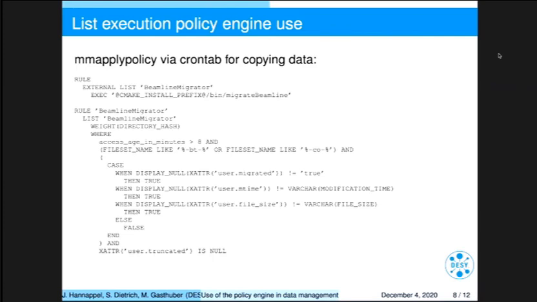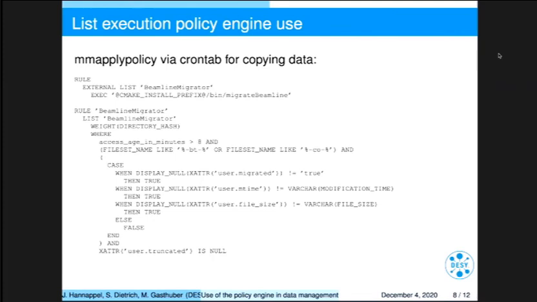And this rule then triggers an external program which does the copy and sets the extended attributes so that we can see if the files were migrated or not. Doing it this way makes it very efficient because we don't have to go through the files with find or ls and check up the metadata ourselves. This is all done by the policy engine.